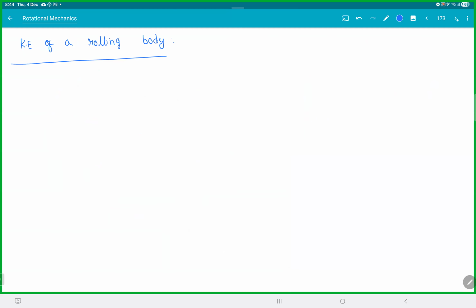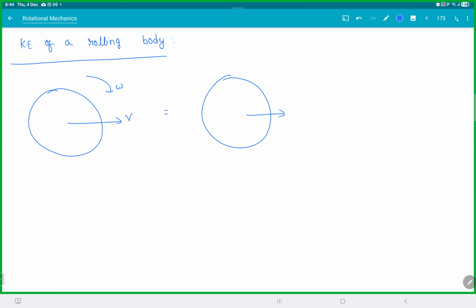If you take the kinetic energy of a rolling body, this is V and this is omega. You can split this into pure translation and rotation about the center of mass.